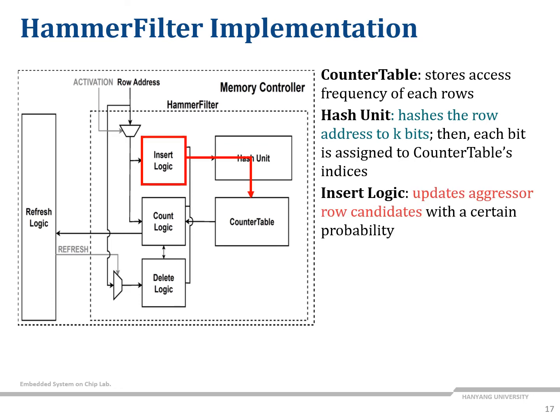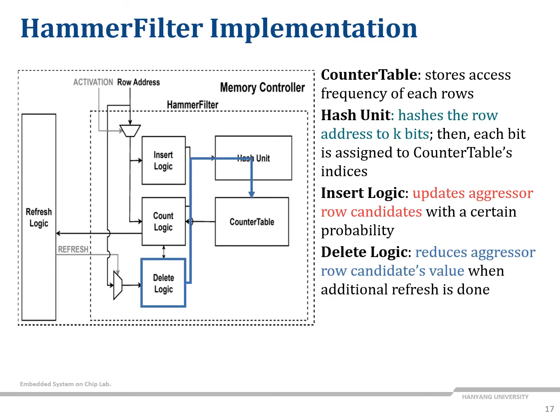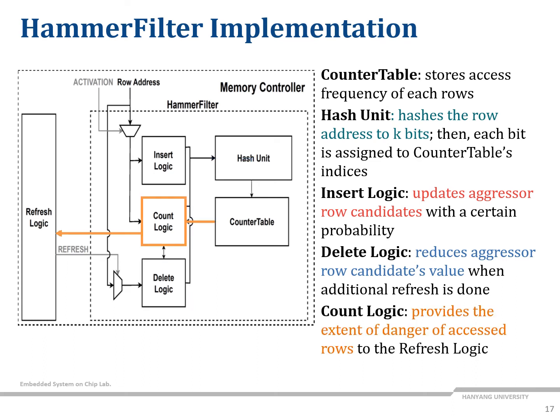Insert logic updates aggressor row candidates with a certain probability to the counter table. Delete logic reduces aggressor row candidates' values in the counter table when an additional refresh is done. Count logic provides the extent of danger of accessed rows to the refresh logic.